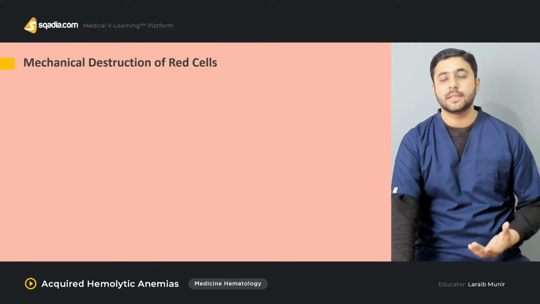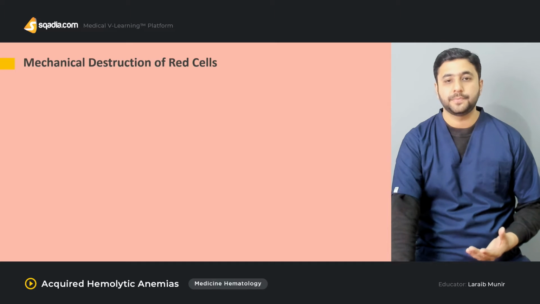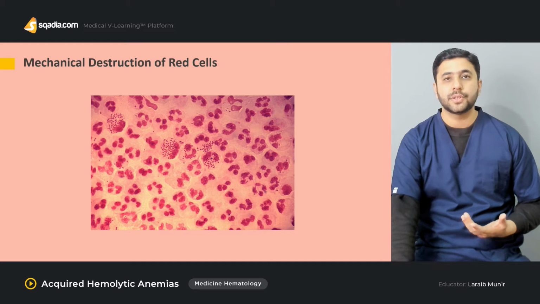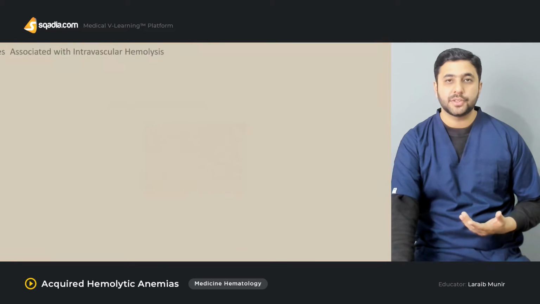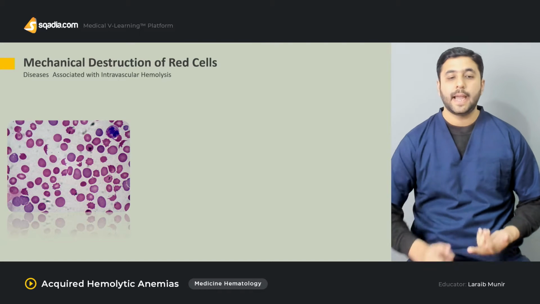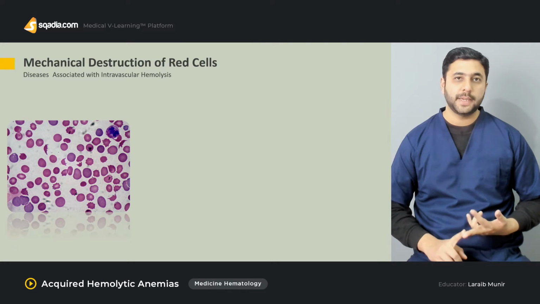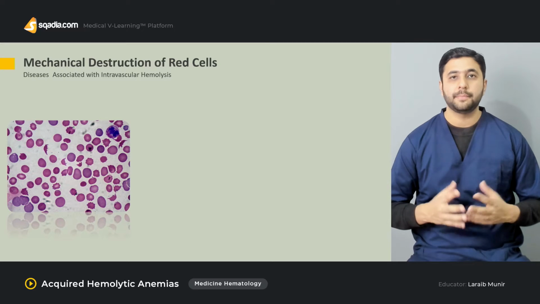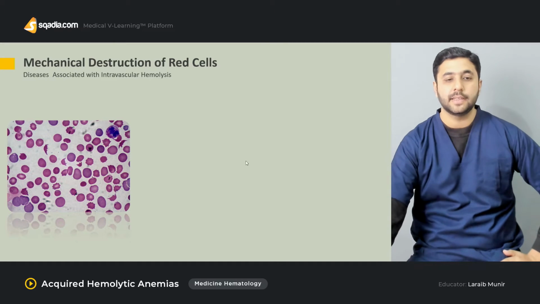Let's start off by discussing the mechanical destruction of cells. Now, as the statement indicates, there is a mechanical destruction of certain types of RBCs. This type of destruction can be related to three types of things. And on the peripheral blood smear, we're going to see certain types of RBC shape and presentation, as is evident in this slide.